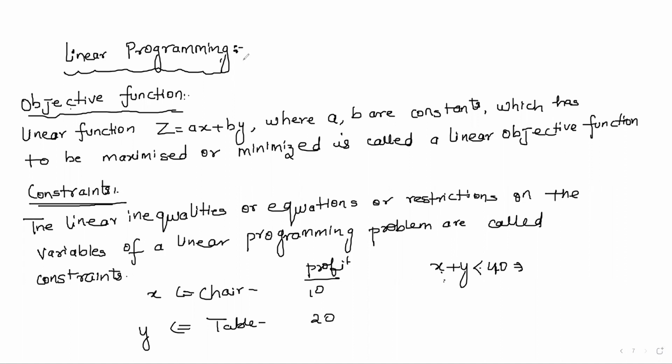Normally in each and every question they always give two restrictions like this: x is greater than or equal to 0 and y is greater than or equal to 0. That means the chairs or tables which you are selling should be greater than or equal to 0. You can't sell a negative quantity. That's why we always write x greater than or equal to 0, y greater than or equal to 0. These are called the non-negative restrictions.